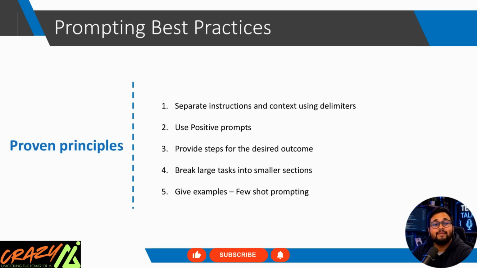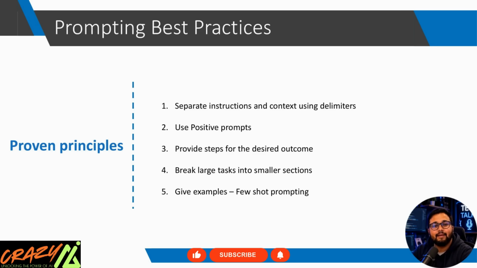Third, provide clear steps if the task involves multiple actions. Fourth, break large tasks into smaller, manageable sections. Finally, include examples whenever possible. Examples help AI understand the expected pattern and style. These simple practices often produce significant improvements in response quality.